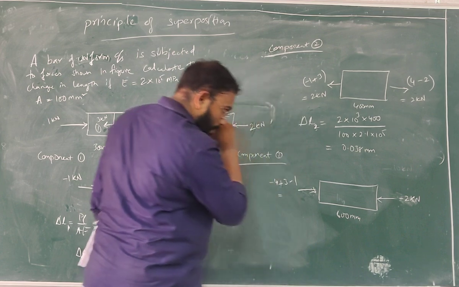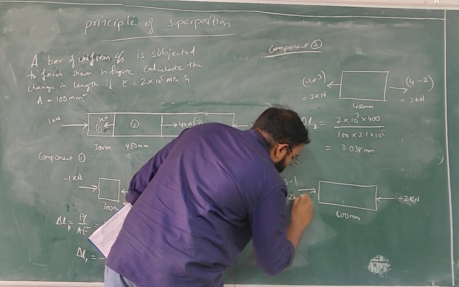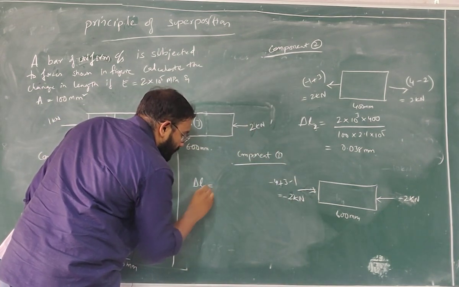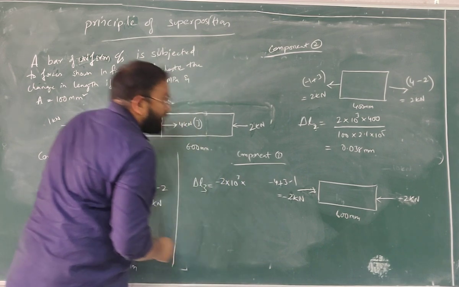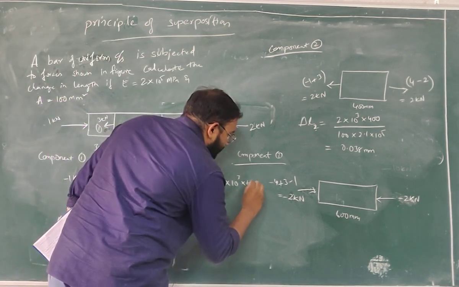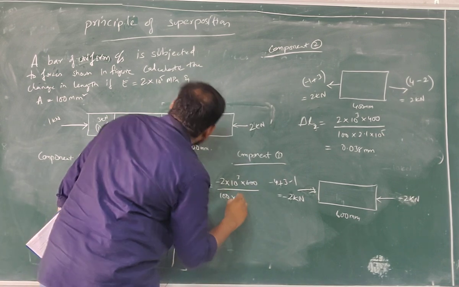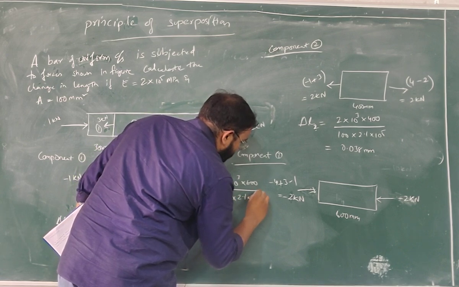So this is equal to minus 2. Okay, substitute in the formula. Delta L3 is equal to minus 2 10 power 3 multiplied by L is 600 divided by 100 into 2.1 10 power 5.